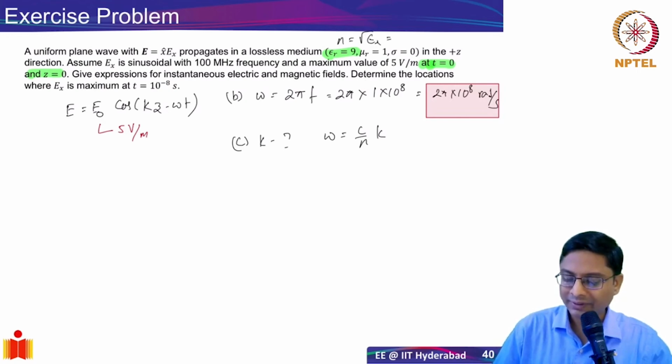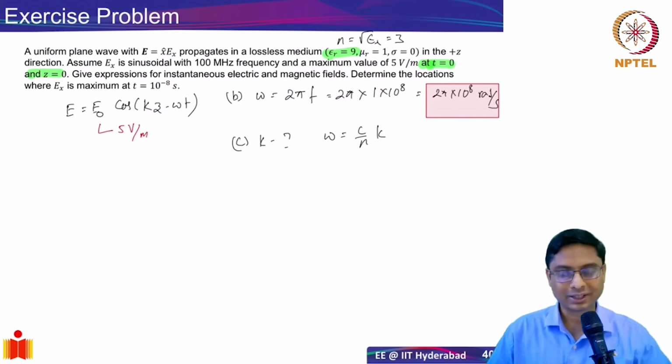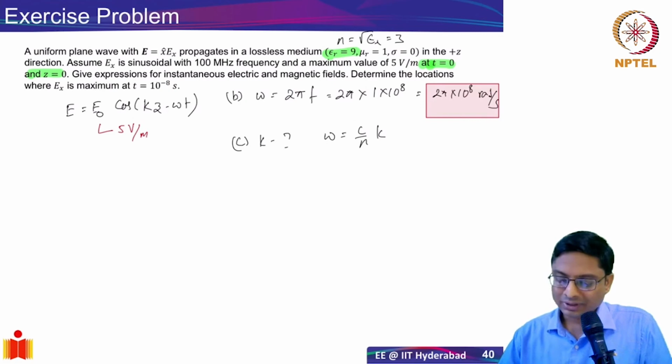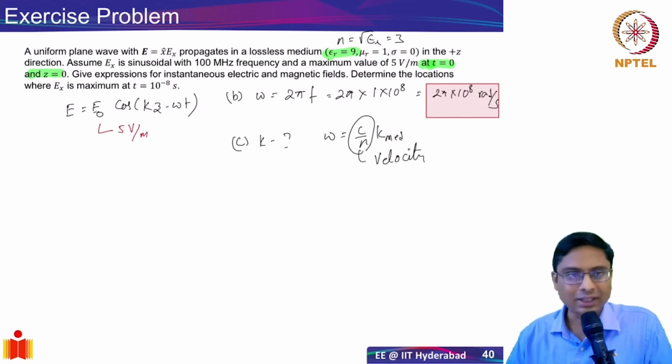So in this case the refractive index of the medium is 3. So my velocity of the wave is going to reduce by that, so I am putting this factor. So this k is the k in the medium. Okay, and this is the velocity of the wave in the medium, right? Velocity, which is reduced by the factor n. So we know what my frequency is, and we know what my c by n is, right? So what is this going to be?